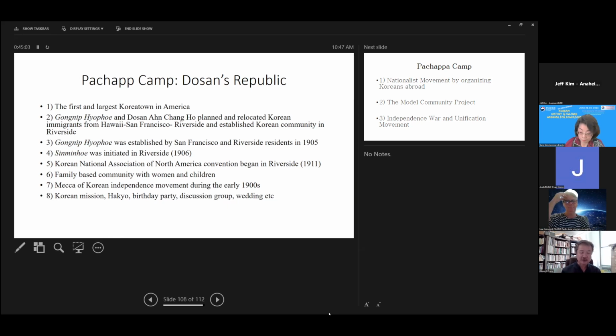Another important characteristic is that Pachappa camp was a family-based community with women and children, which was very unique and distinct. In the early 1900s, Pachappa camp served as a focal point, a mecca of the Korean independence movement. It also had a Korean mission, a Korean school, birthday parties, discussion groups, and weddings, a total community settlement.